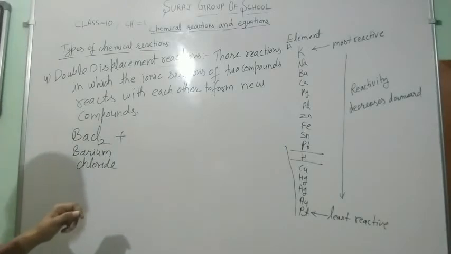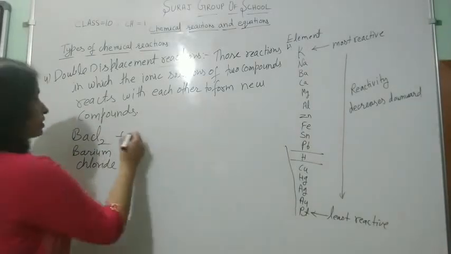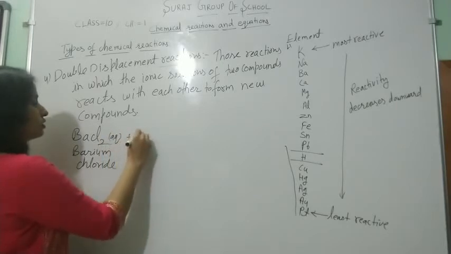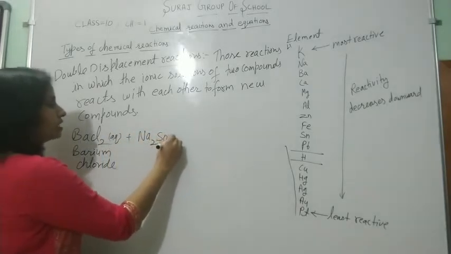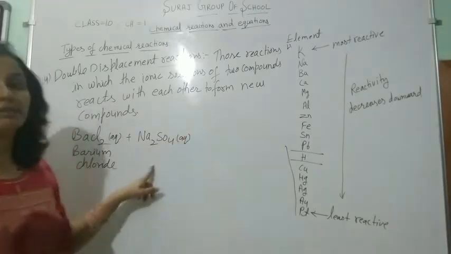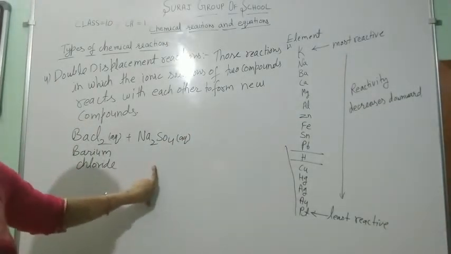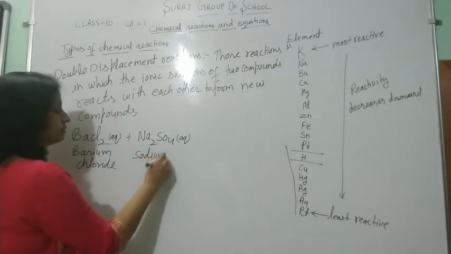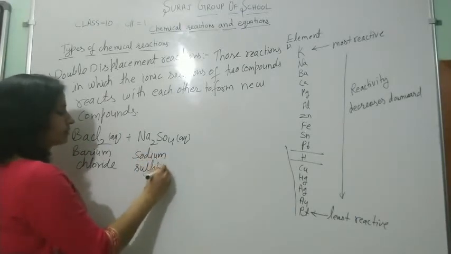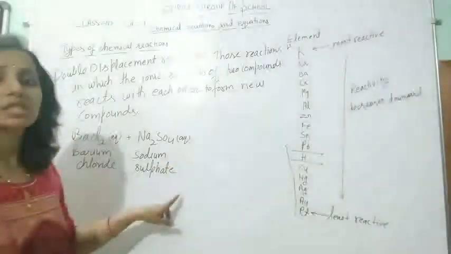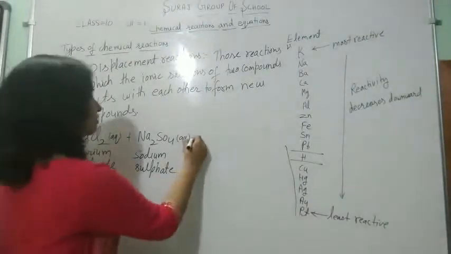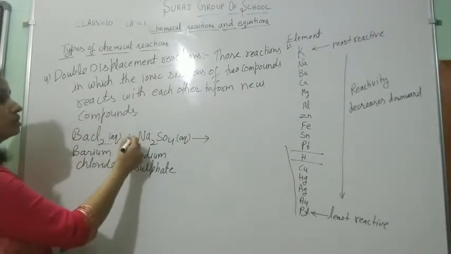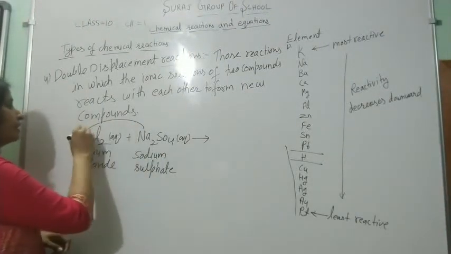Barium chloride reacts with sodium sulfate, both in aqueous state. Sodium sulfate, Na2SO4, which is also in aqueous state. It gives, because sodium is more reactive than barium.